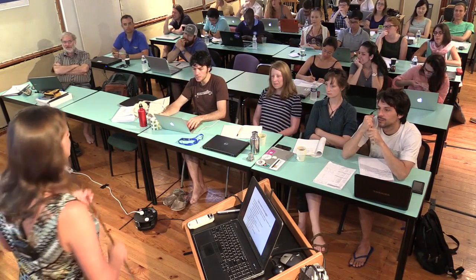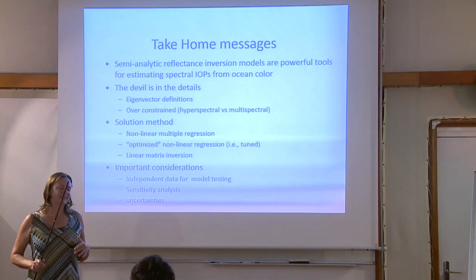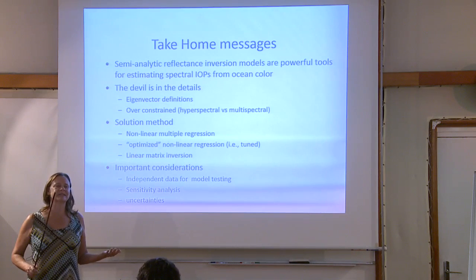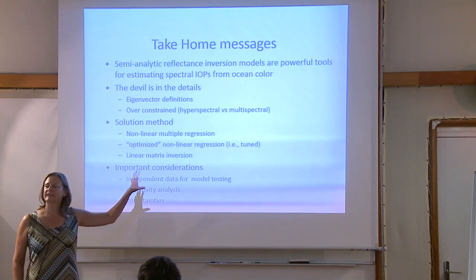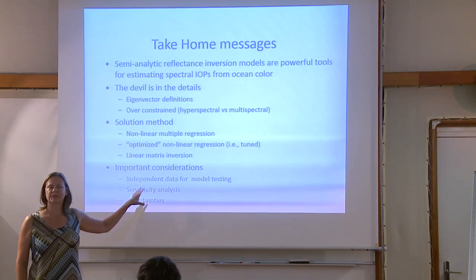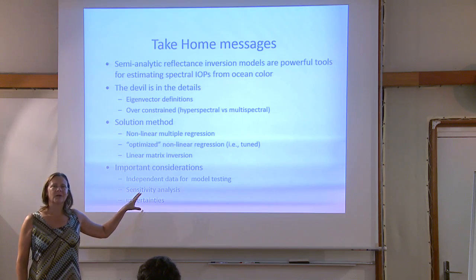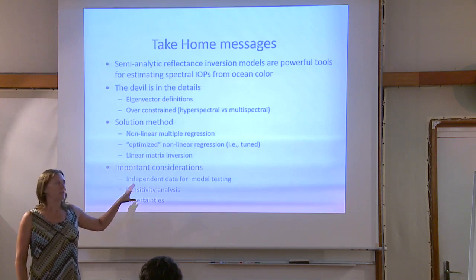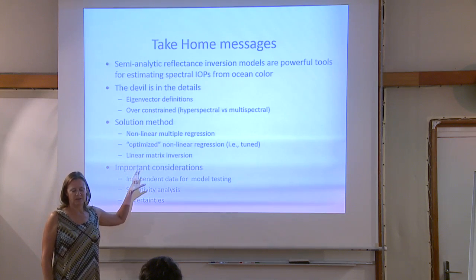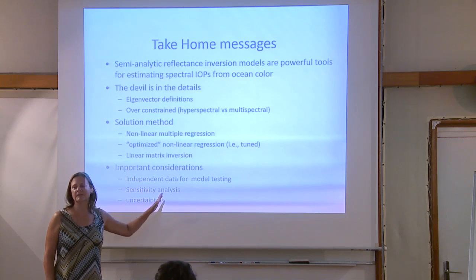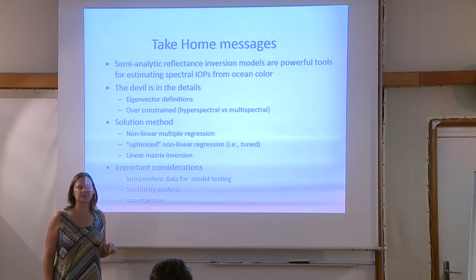So if you take a subset of your data to develop a model and then test it on the data that came from a very similar place, it's not actually independent. Measuring reflectance out here on Tuesday and measuring it on Wednesday are not really independent. And so my feeling on the inversion approach is that reflectance is theoretically related to the ratio of backscattering over absorption plus backscattering.